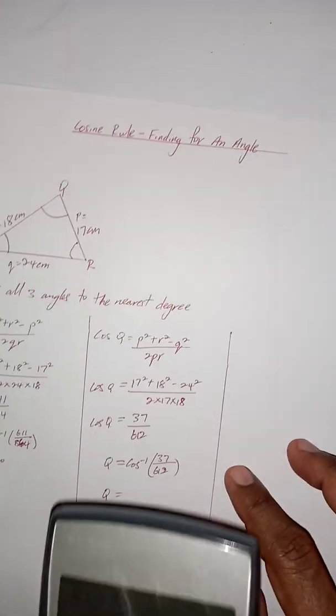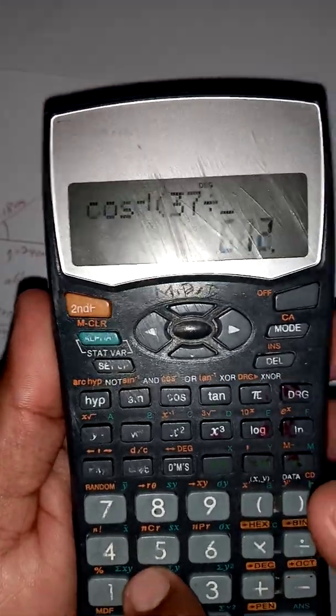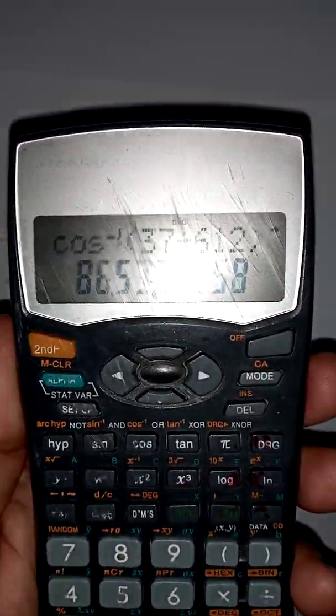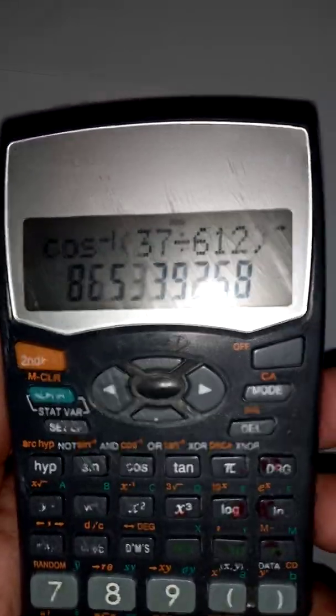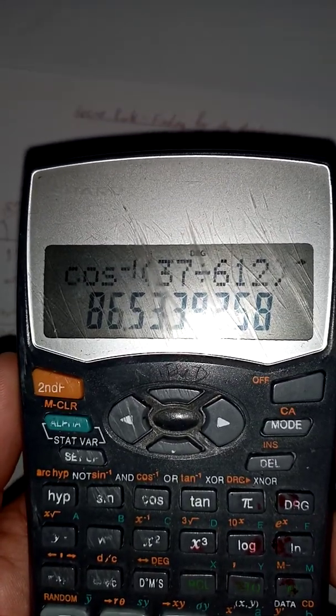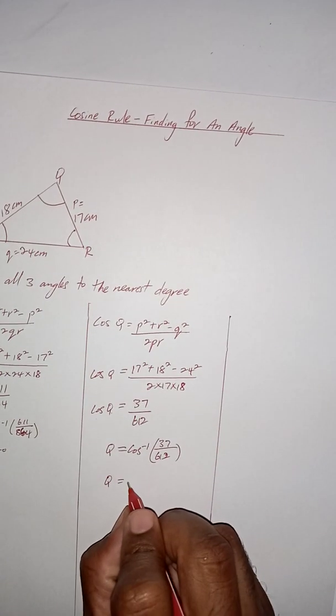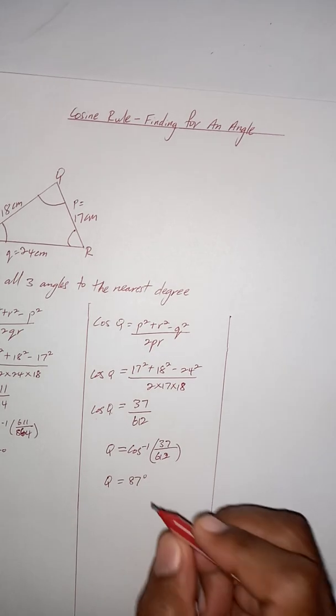So we have cos inverse in brackets 37 divided by 612. Good, so our answer is 86.5. Since that digit is 5, we'll round up, so our answer will be 87 degrees.